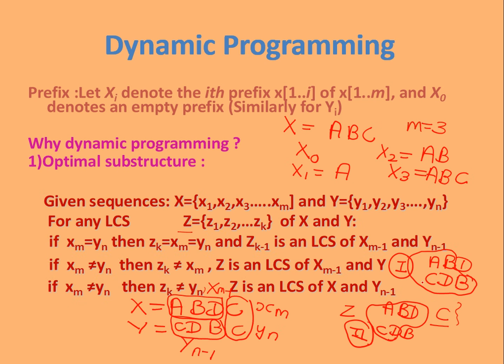So you will find the maximum of the first and second case, and that will be your LCS. So if Xm is not equal to Yn, then you have to find LCS of Xm minus 1 and Y, or, if Xm is not equal to Yn and Zk is not equal to Yn, it means your LCS doesn't contain Y, then Z is in LCS of X and Y n minus 1.